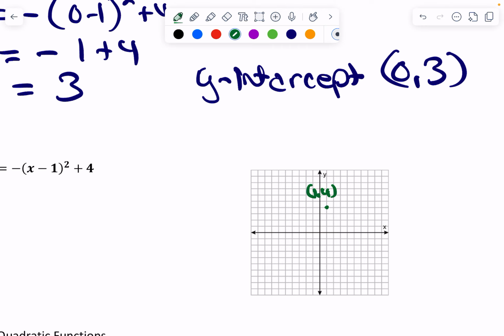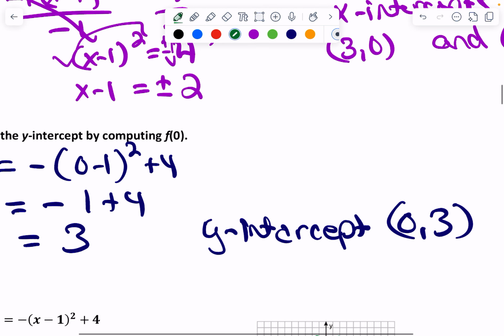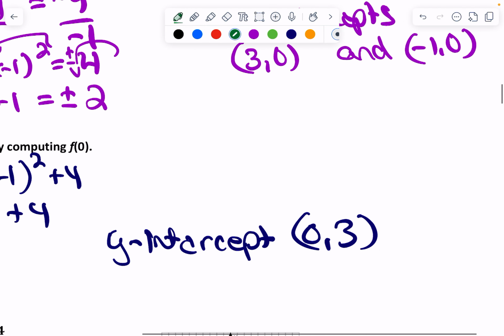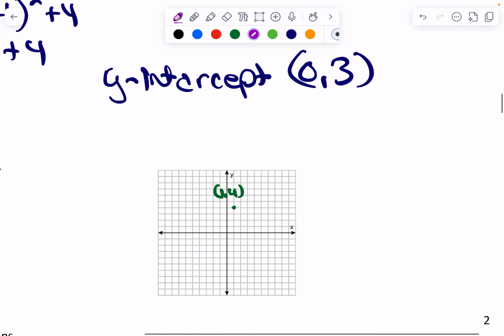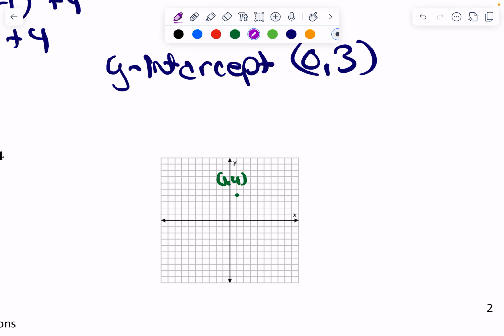Next, we're going to go ahead and graph the x-intercepts, which are 3, 0, and negative 1, 0. So 1, 2, 3, 0 is right here, and negative 1, 0 is right here. Then we're going to graph that y-intercept, so 0, 3, 1, 2, 3 right here, 0, 3.